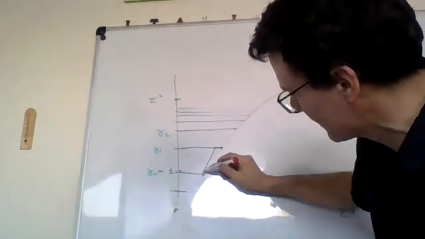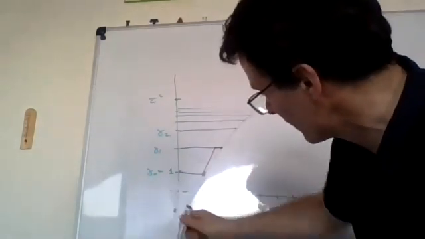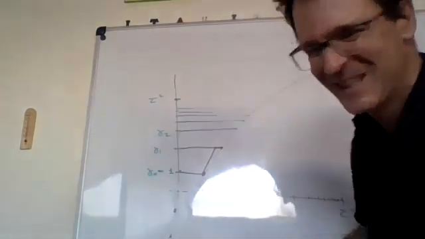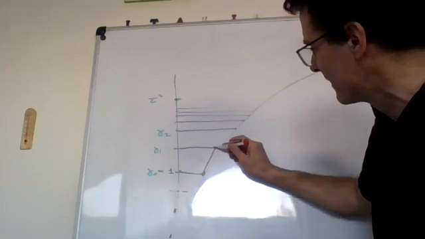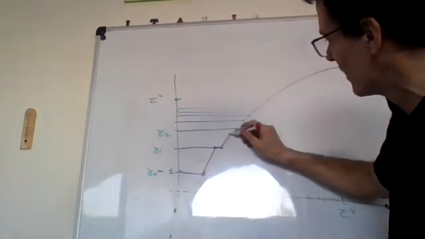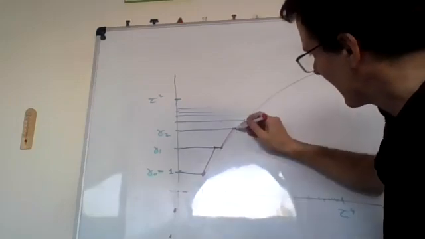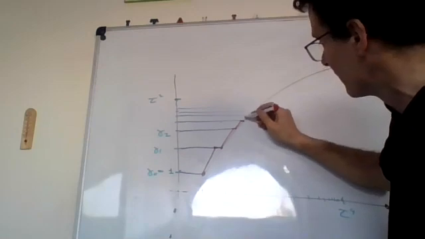I start here, right? This was the point 1, 1. So the origin is actually here. So then I go up through the origin till I hit, and then I go here. Then I take the line through the origin until I hit and go here, and so on.